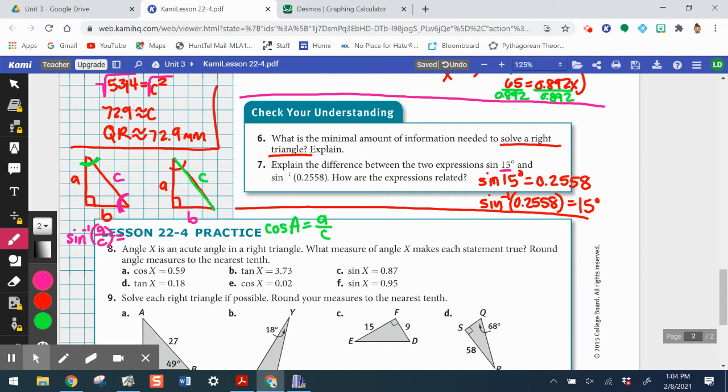Now, we don't know the measure of the angle, but we do know the ratio of two sides. For example, in this case, A over B. We know the length of two sides, a ratio, and then we can use the sine inverse of that ratio to find the angle measure. That's why you see here the sine of 15 degrees is 0.2558, and the sine inverse of 0.2558 is 15 degrees.